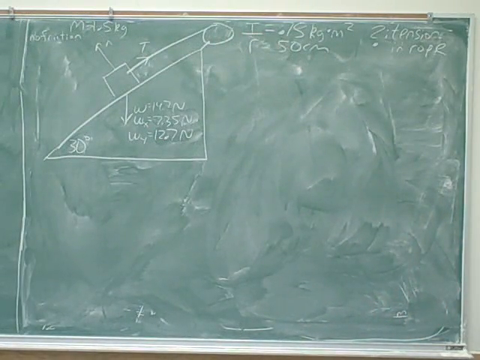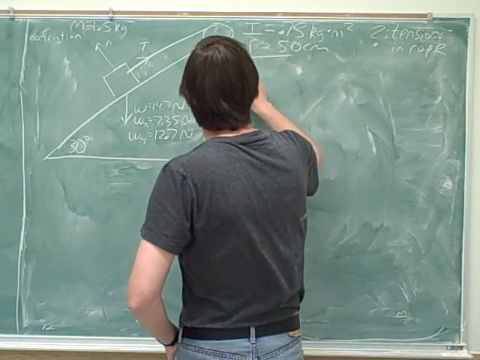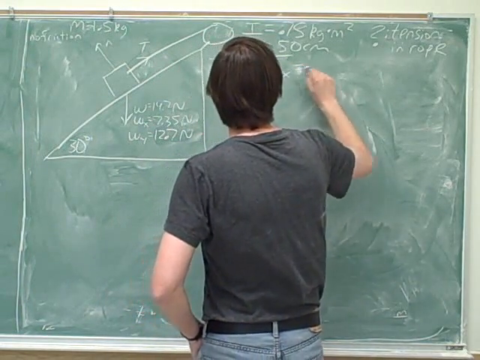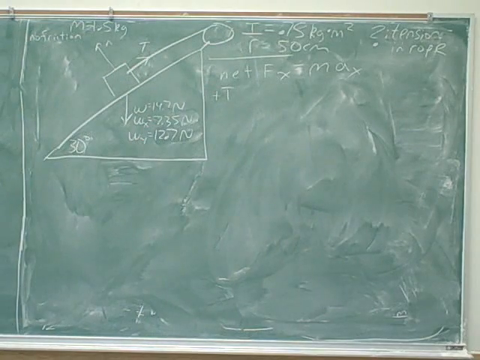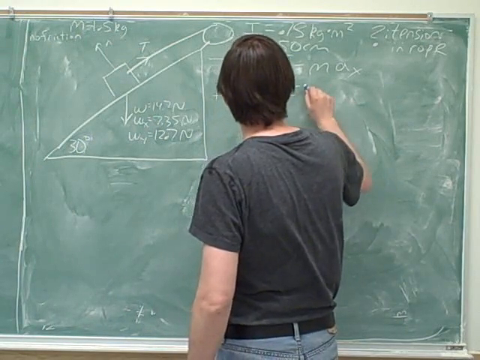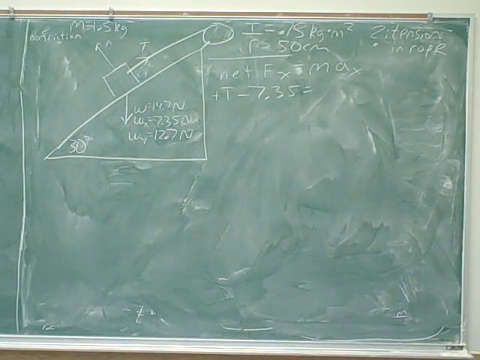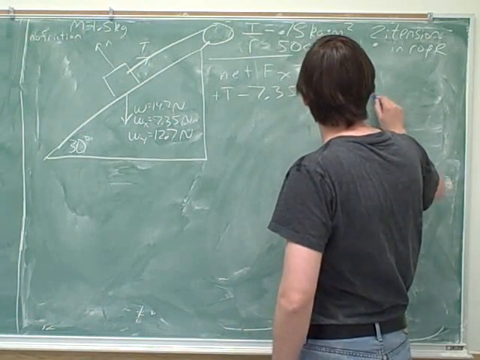So my x force is, if I say that up the plane is positive, then it's plus T minus the x component, which is 7.35, equals 1.5 a x.